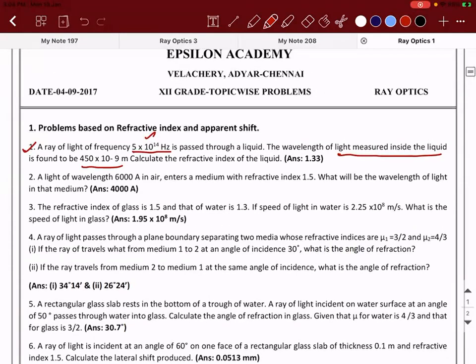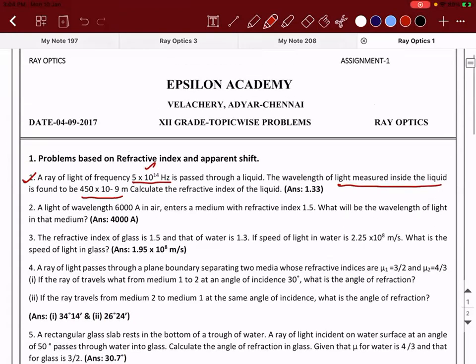What is the relation between speed and refractive index? Mu is equal to C by V, where C is the speed of light in vacuum divided by V. So what is the relation between speed with wavelength and frequency?